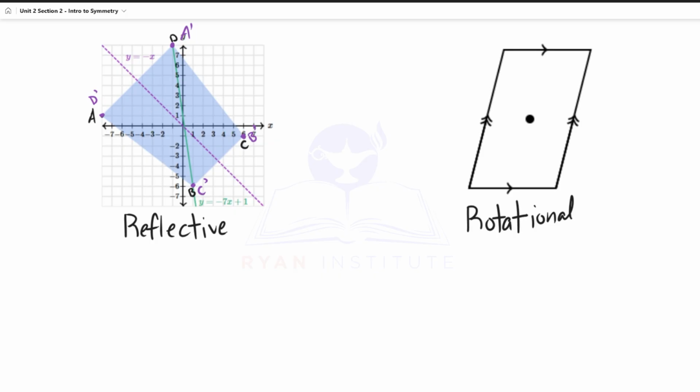If I were to draw the outline of the shape, I can make that a little neater. Now it's not the best, but you can see that it is overlapping the original shape. Therefore, this shape is symmetrical about this line of symmetry.